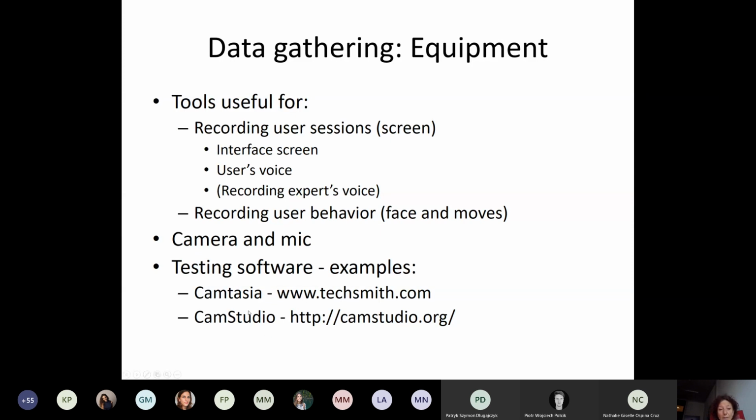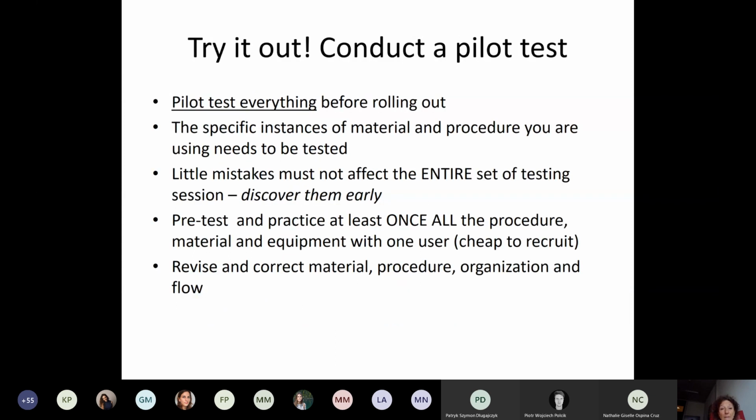Camtasia and CamStudio are two software tools that are free for a trial period and allow you to do screen capture.